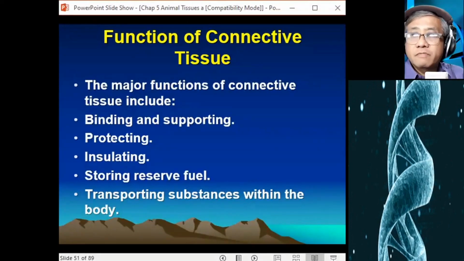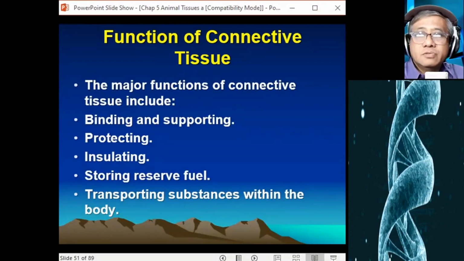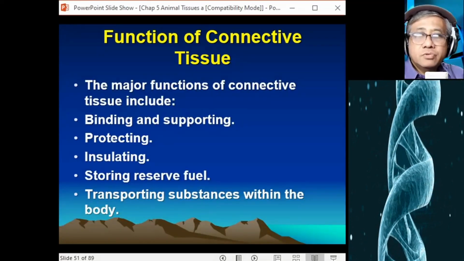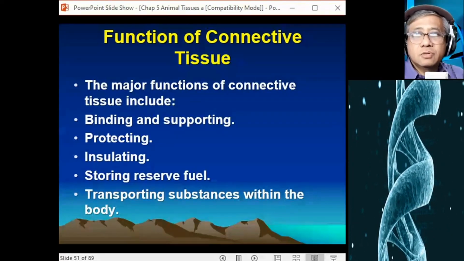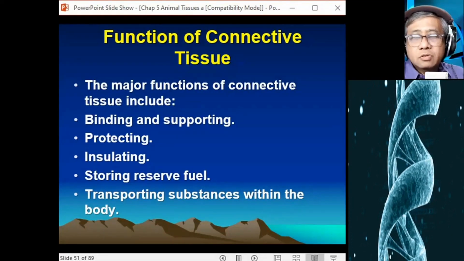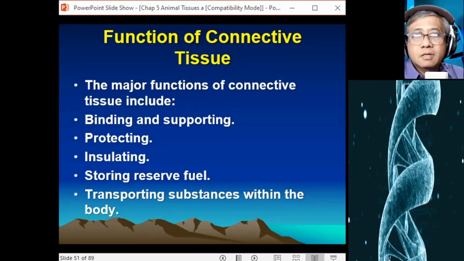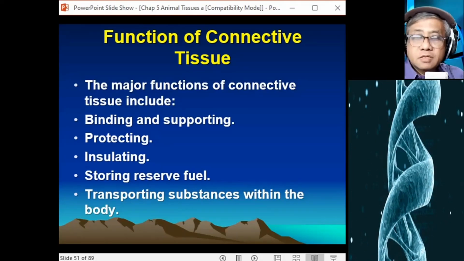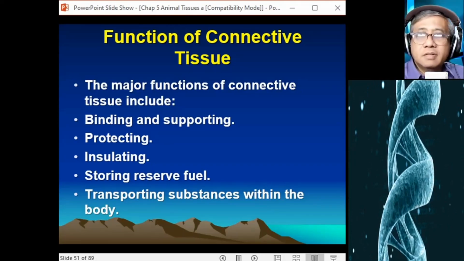Ayan, blood is a type of connective tissue. And so those are the major functions of connective tissue: binding and supporting, protection, insulation, storage of reserve fuel like fat or adipose tissue, then transporting substances within the body like the blood.